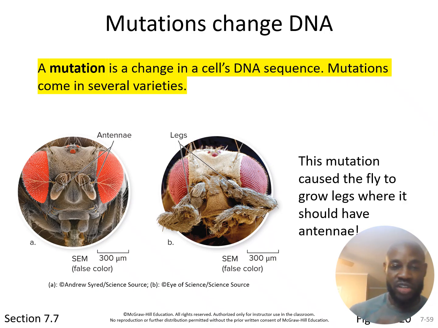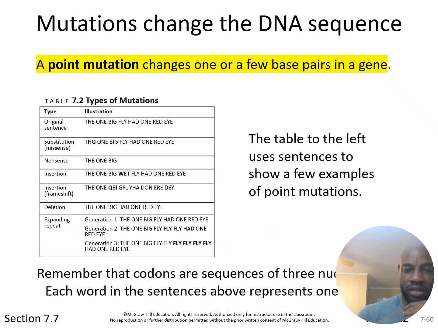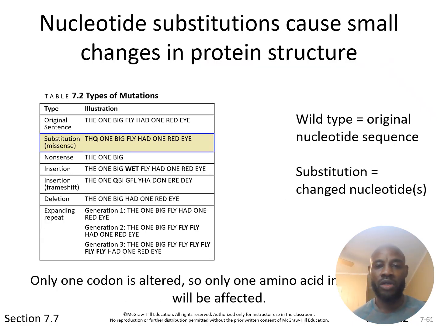Here on the page you see a mutation can come in several varieties. Here we see legs where there was an antenna. We have a point mutation, which changes one or a few base pairs in a gene, which is what I was just talking about. Nucleotide substitutions cause small changes in the protein structure, right?